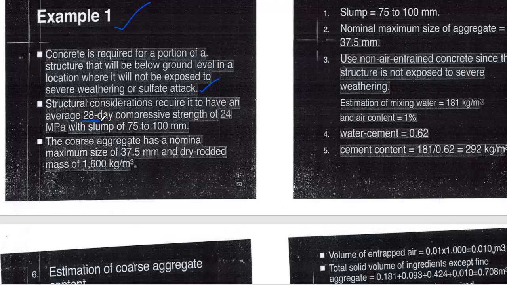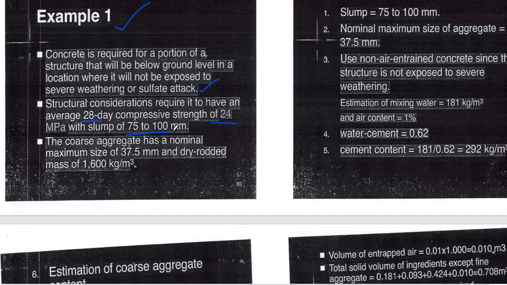Normally the strength is how much? 24 megapascal. So at 28 days you need 24 megapascal. And the slump value they are expecting is 75 to 100 mm. Do you understand?